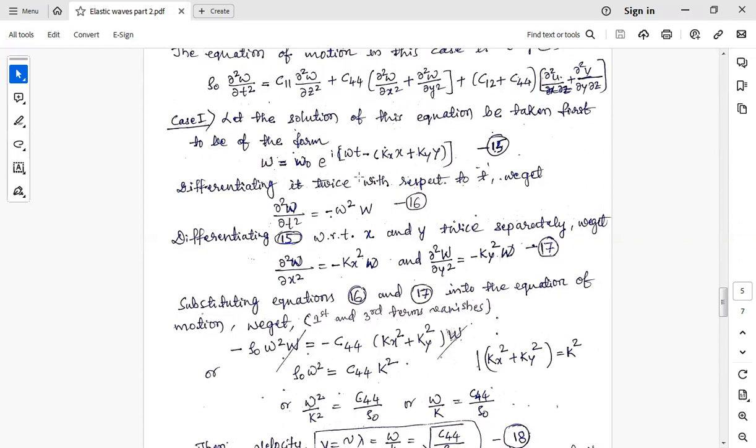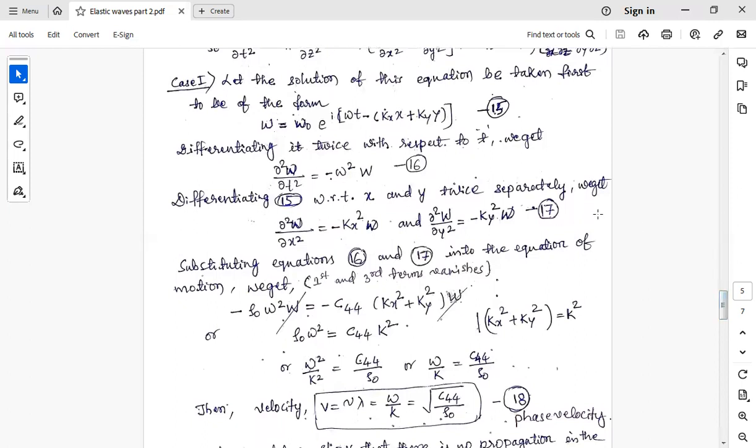And as usual, the procedure is the same. You have to differentiate equation 15 twice with respect to time, and you will get this, because one differentiation gives omega into omega naught into e raised to all these things.